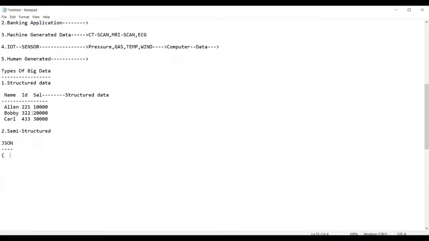If I define this data in JSON format, name goes under double quotes, use a colon, then Alan. Now use a comma, and after this, use ID again.